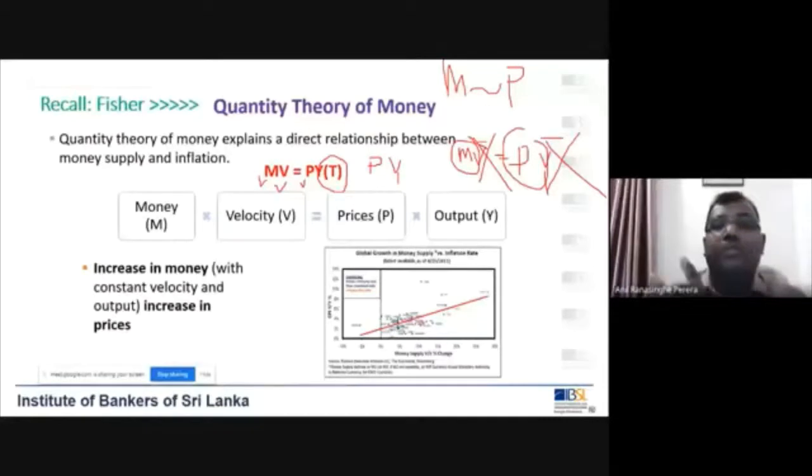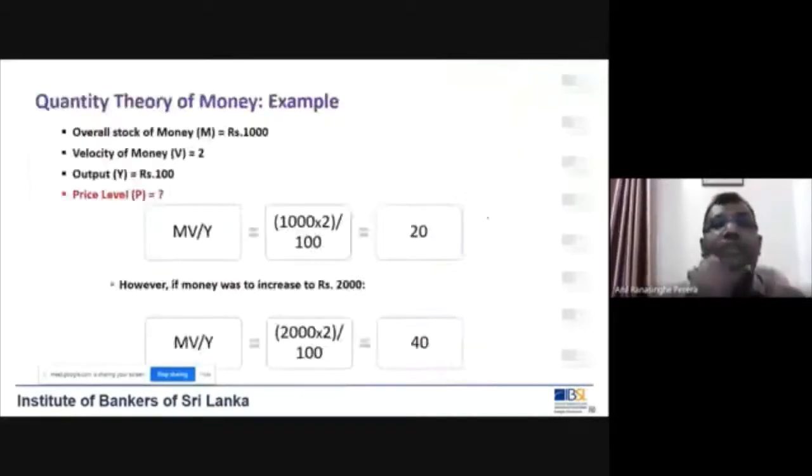Now I'll come back to this chart again. In this slide you have an example. Let's say our overall stock of money is 1000, velocity of money is 2, output is 100. So how do you calculate price level? If you apply MV equal PY, we have all inputs here.